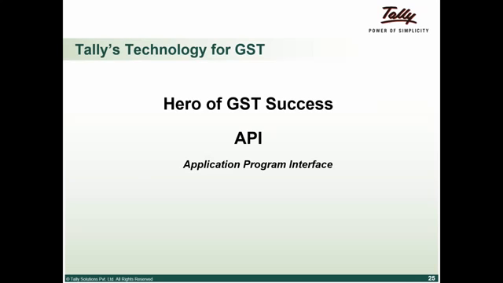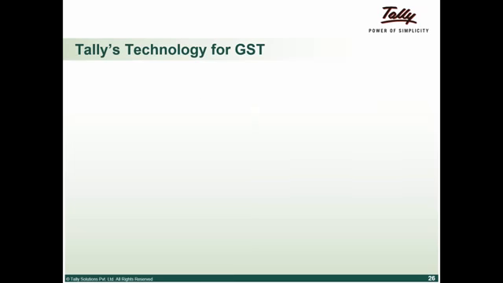These links or this interface can help software developers develop products in such a way that they can seamlessly communicate with the GSTN and ensure that the compliances are met as per the requirement of the law. This is a very, very important thing. This is going to be a major game changer in the technology world as far as Indian compliance is concerned going forward.